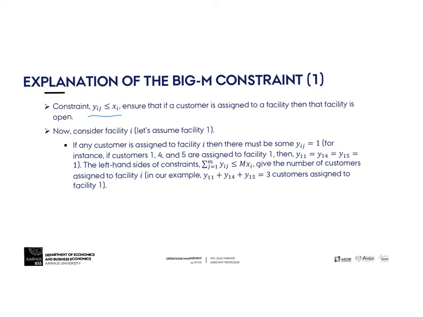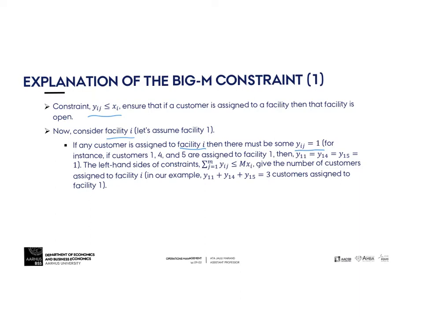Now if we use a big M constraint, we consider facility i. If any customer is assigned to facility i, then this y_ij must be 1. If you have customers 1, 4, 5 assigned to facility 1, then you have multiple y_ij equal to 1.